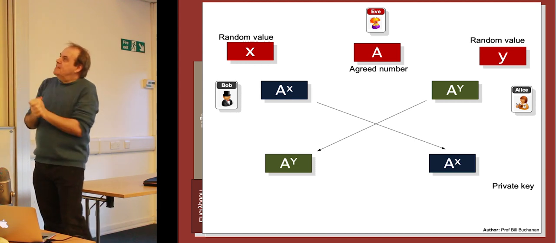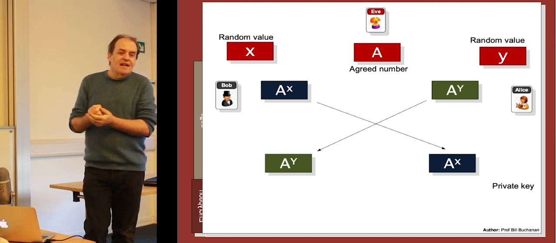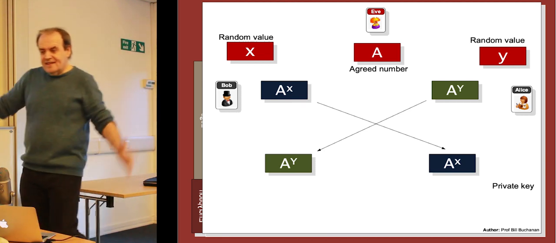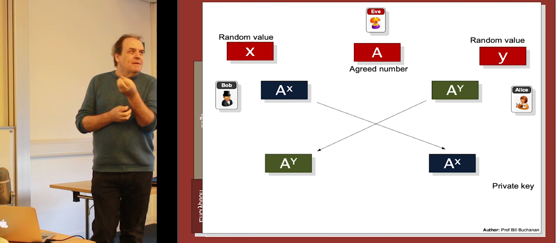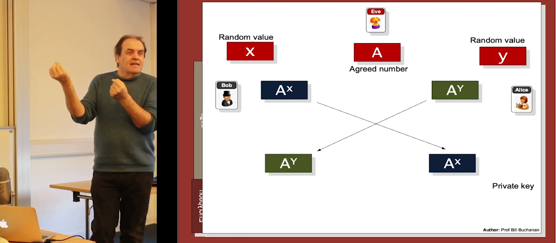So Bob raises a to the power of x and sends that over to Alice. And Alice does the same thing with her number and sends it back. So Bob now has a to the power of y, and Alice has a to the power of x.